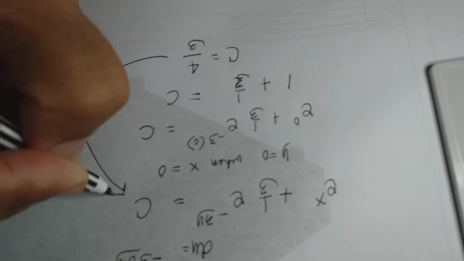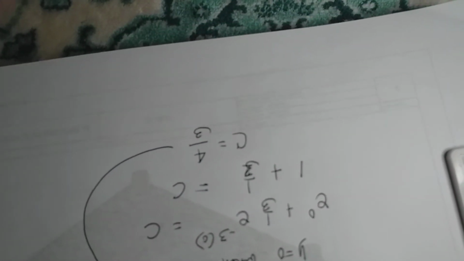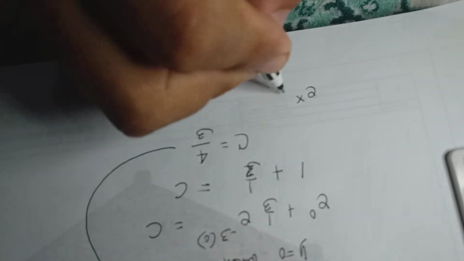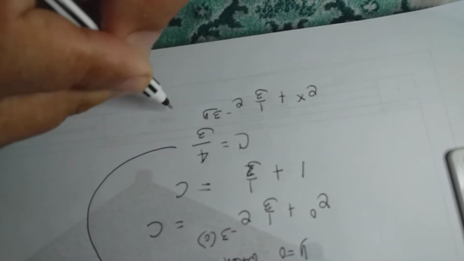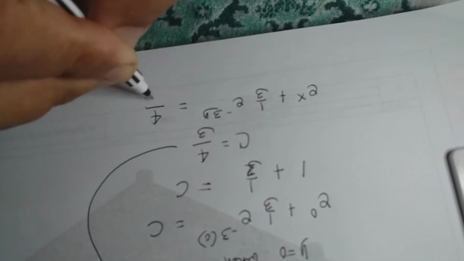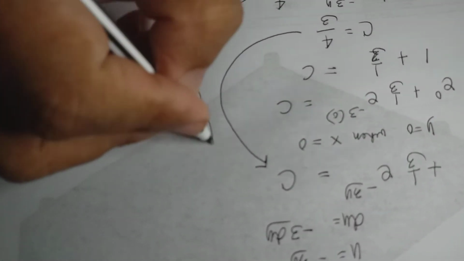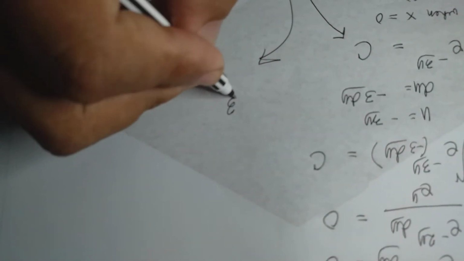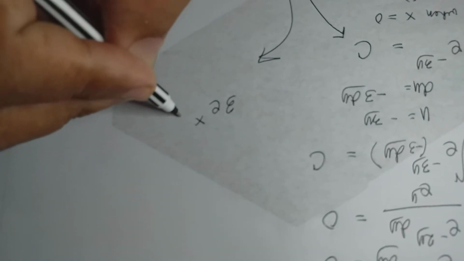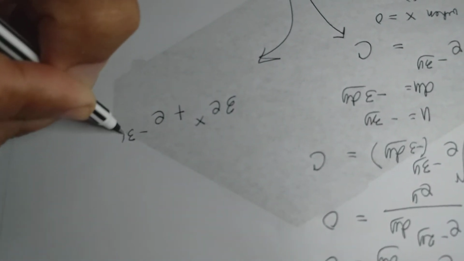Substituting this value here in the solution, we have e to the x plus 1/3 e to the negative 3y is equal to 4 over 3. Simplifying this further, we have 3 e to the x plus e to the negative 3y is equal to 4. So this answers number 3 on the separation of variables.